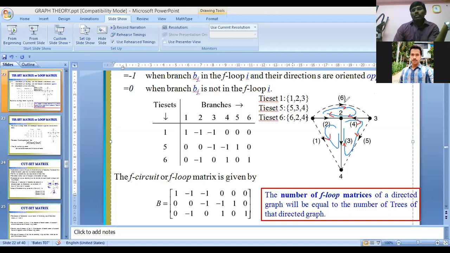The current flowing through 6 is similar to the loop current, so for 6 it is +1. Again, the current flowing through the fourth element is also similar to the loop current, so for the fourth element also +1. And the current flowing through the second element is opposite to the loop, so for the second element it is -1.